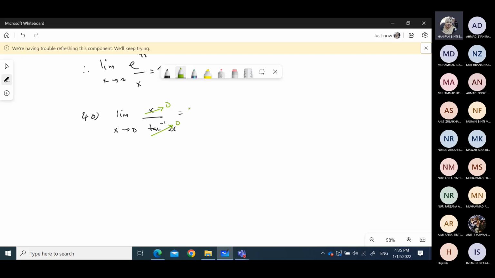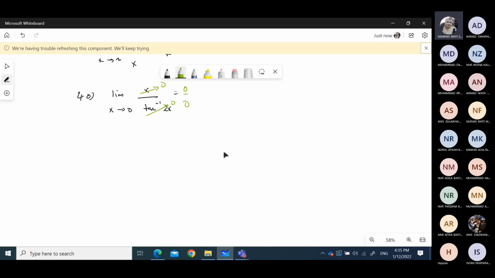So this is an indeterminate form of type 0 over 0. As usual, apply L'Hopital's rule.